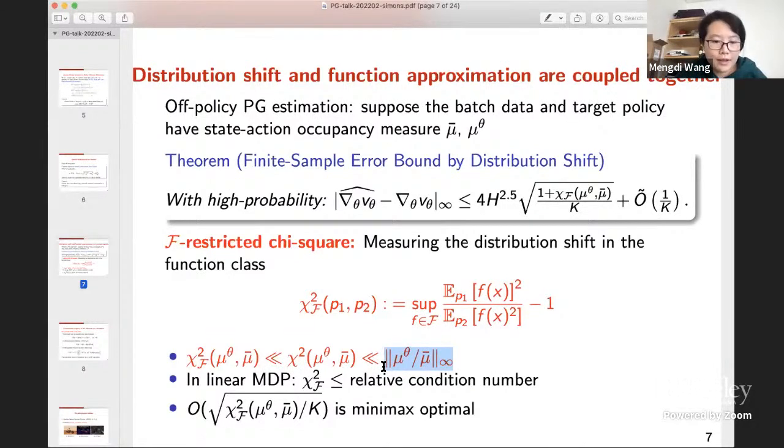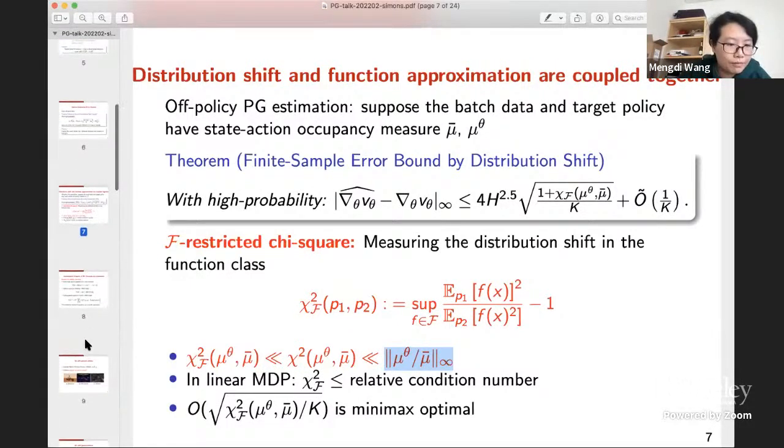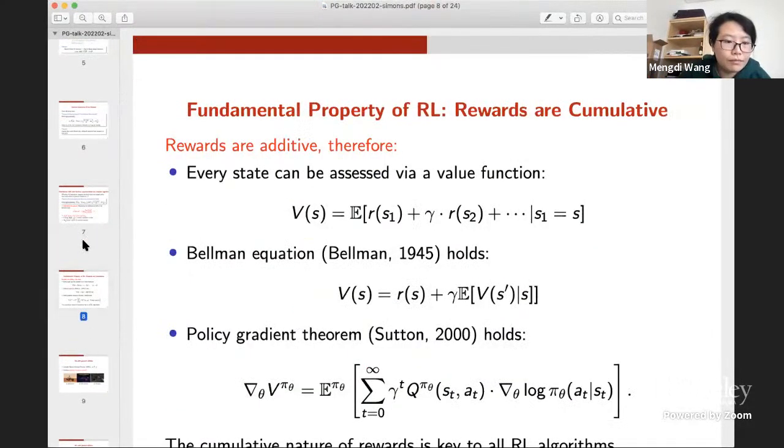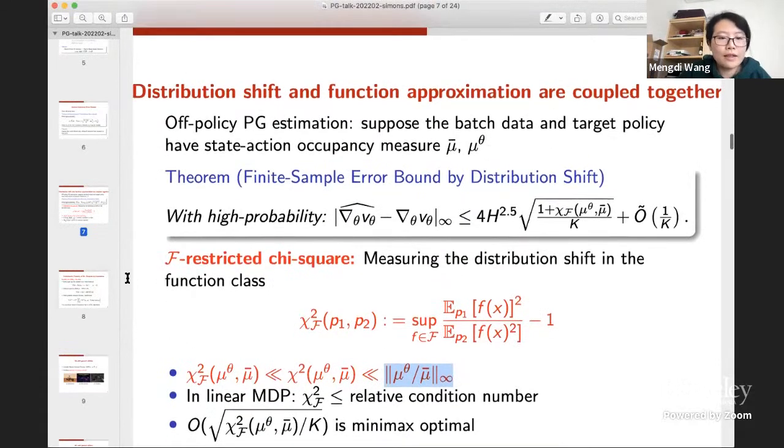But this theory says that even if the two occupancy measures are very different and the distribution shift is arbitrarily large, as long as the relative distribution shift in the function class is small, one can get a good estimate. We can further show that this error bound is min-max optimal. So that's the story for optimal estimation of policy gradient by using a function class.